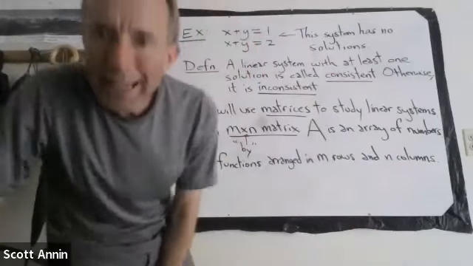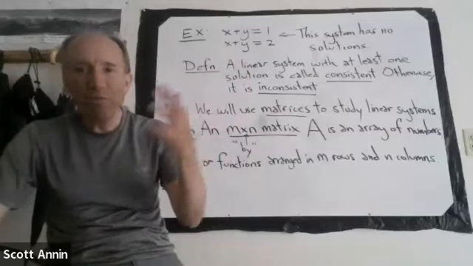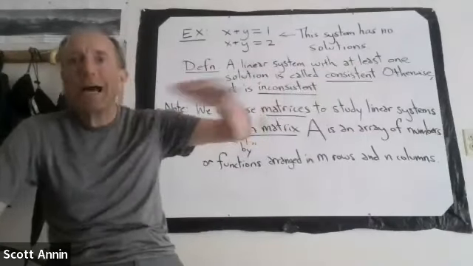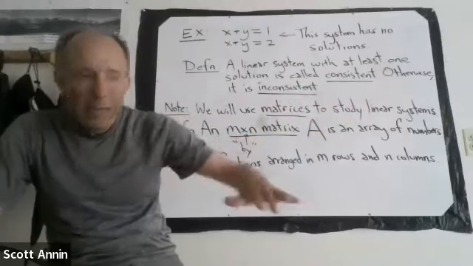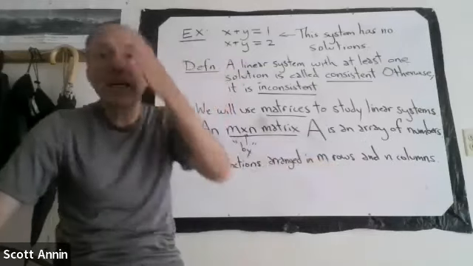We're talking about just a block of numbers or functions. There are m rows, to be clear, the rows go sideways, horizontally. There are m of those, and then there are n columns.